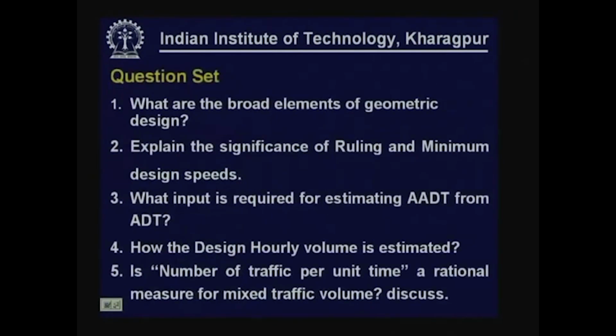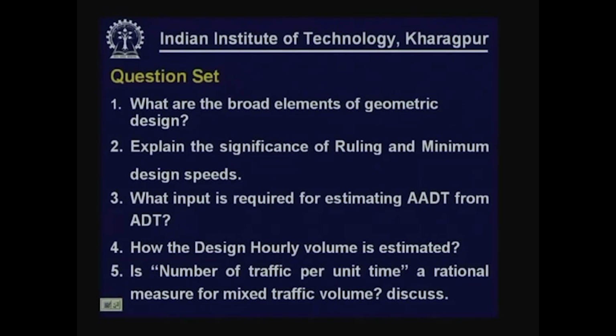Now, you can try to answer these questions. Question 1: What are the broad elements of geometric design? You can try to answer what are the broad elements that are normally considered for the geometric design process.